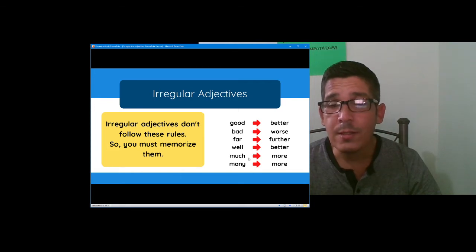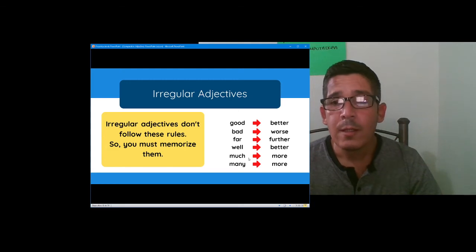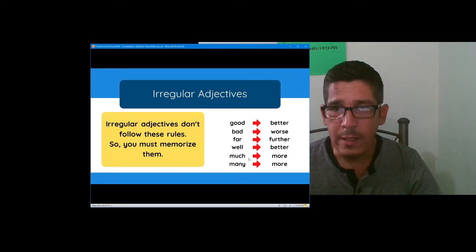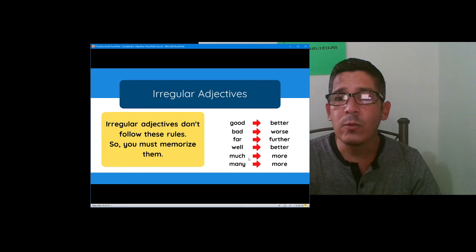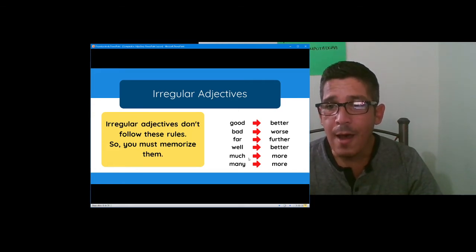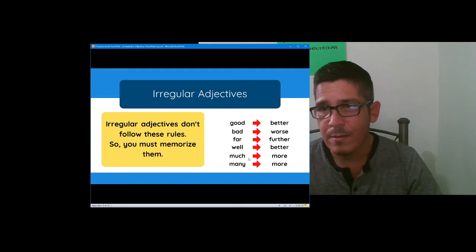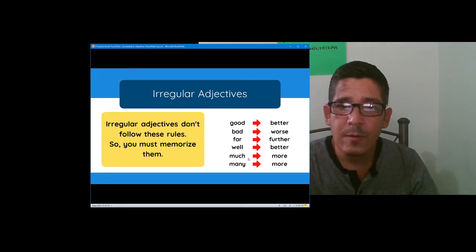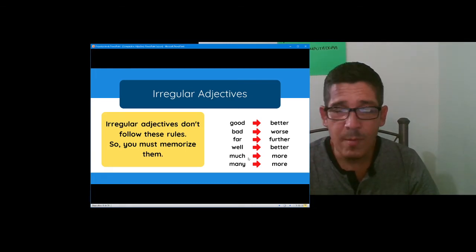In this case, it should be bigger. We have the rule number 3 that says that whenever we have 2-syllable adjectives ending in a consonant and y, you are going to take out y and change it to IER. Okay? Happy, happier. Okay? Crazy, crazier. Okay? So those are the things that you have to remember.